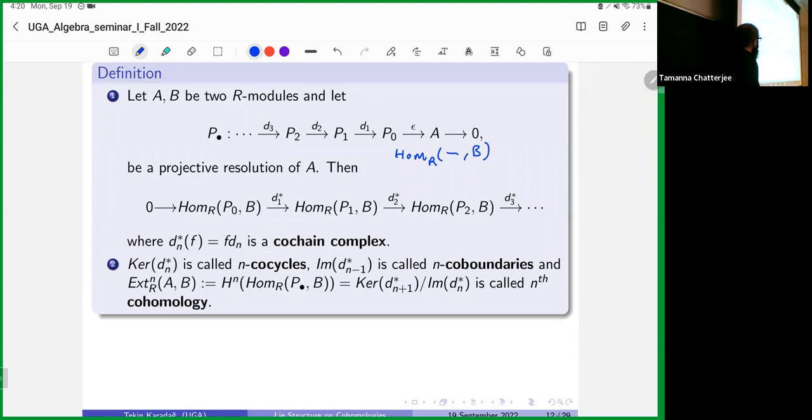Then we define this part here as d_n star, and it is called a cochain complex. And we define cohomology on the cochain complex by taking again the quotient of each. And this is also how we define Ext.